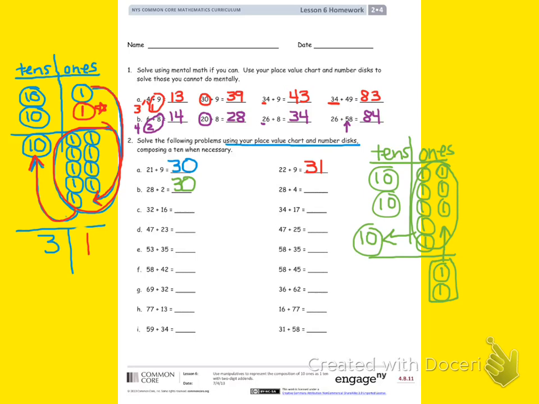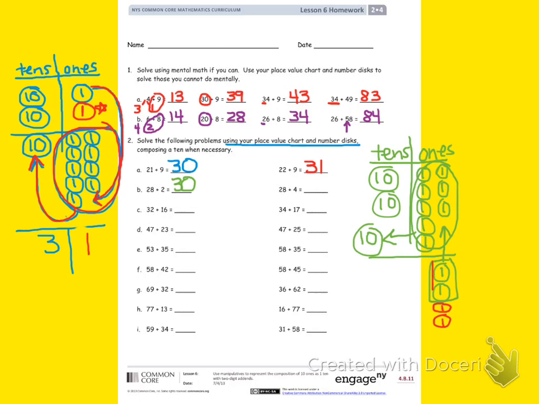But if I were to have 28 plus 4 more, I'll use the same pictures I used a minute ago. You already see my 28, but here's the 4 more instead of just the 2 more.